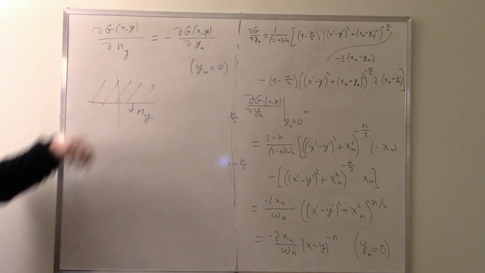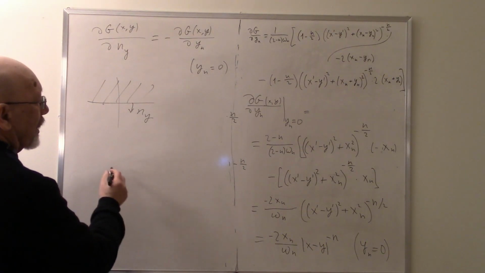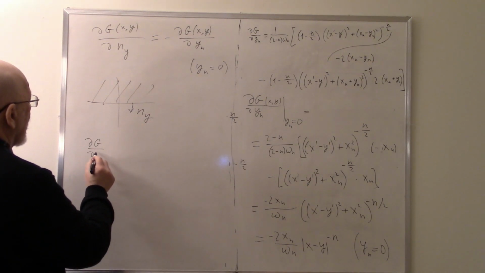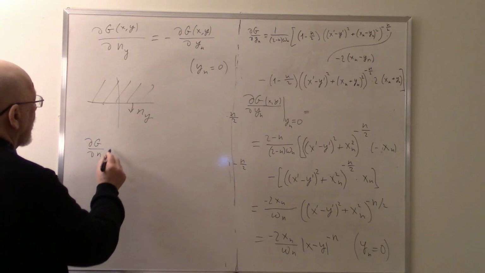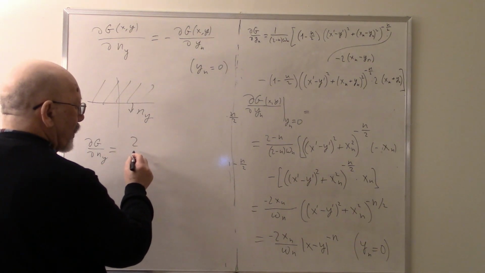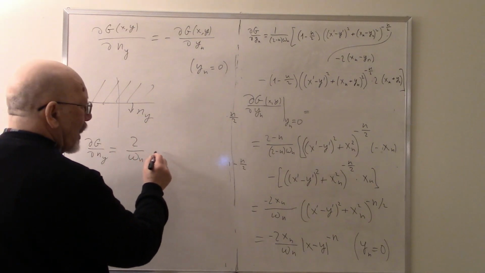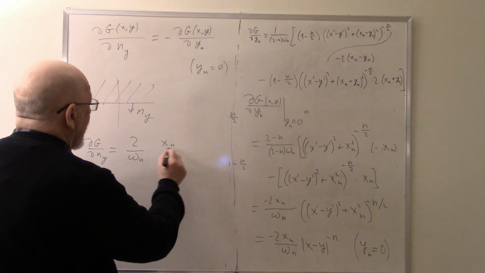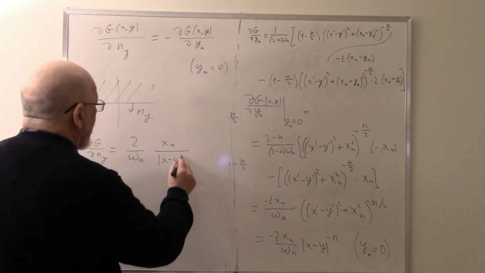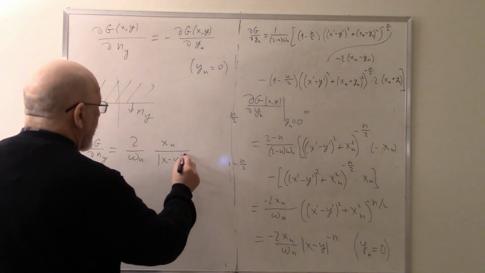So we have to change sign. And this means that dg over dny equals 2 divided by omega n, xn over modulus x minus y to the power n.